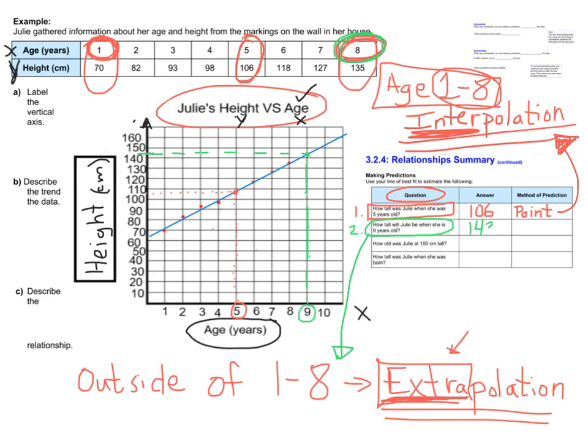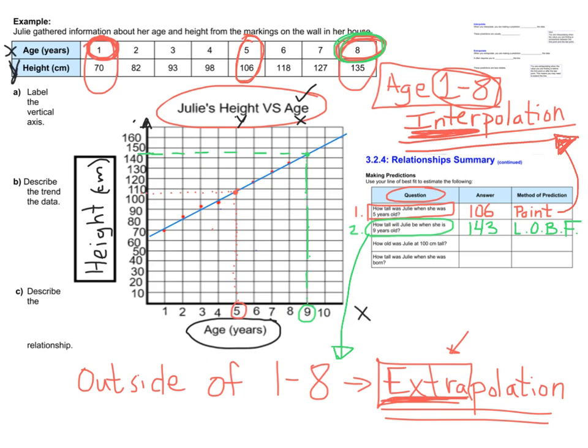So 143 centimeters. And how did we predict that? We used the line of best fit. That's what we used. So we use the line of best fit, and it's extrapolation. It's afterwards. So this is using the blue line to make a prediction.